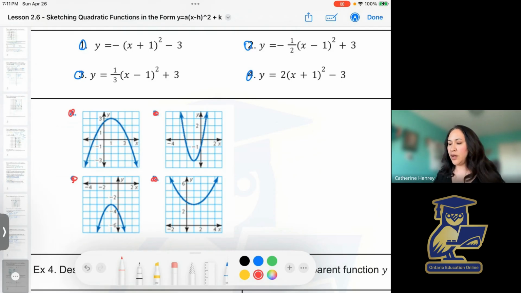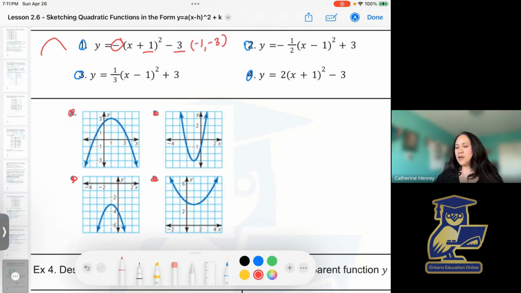So for number 1, the first thing we can take a look at is I have a negative A. If it's a negative A, I know my parabola has to open down. Next, I know the H and I know the K, and that gives me the vertex. So in this case, it is (-1, -3).